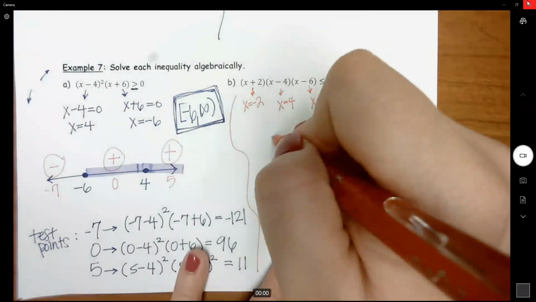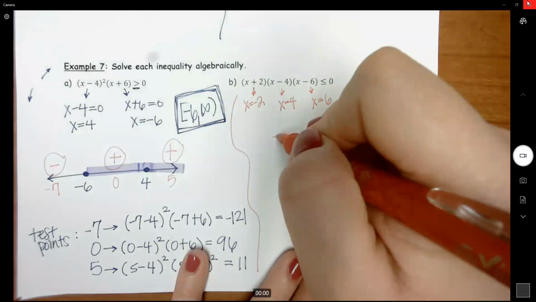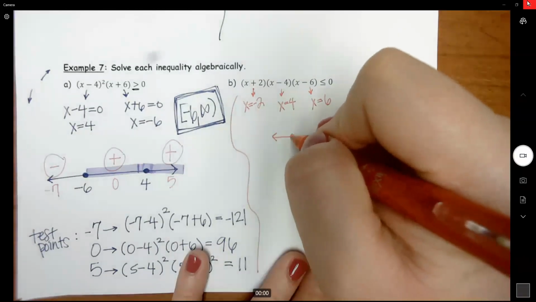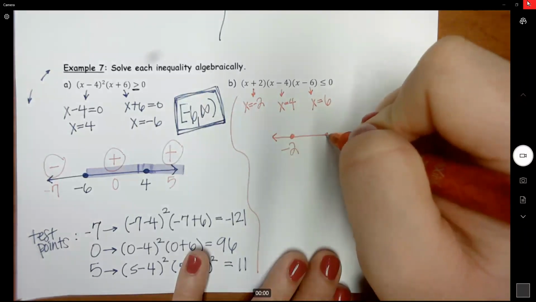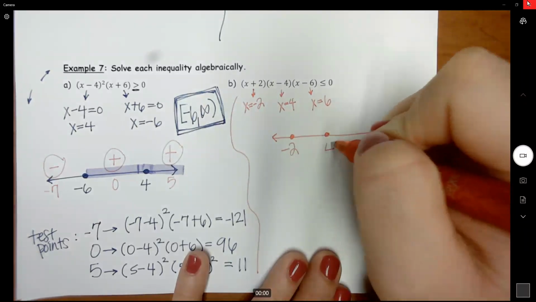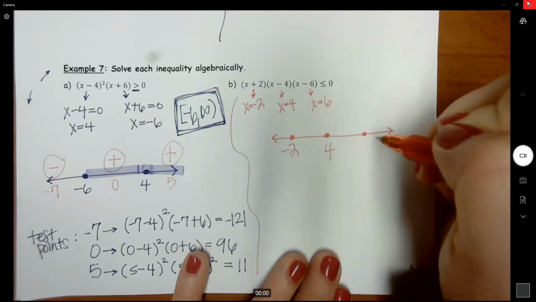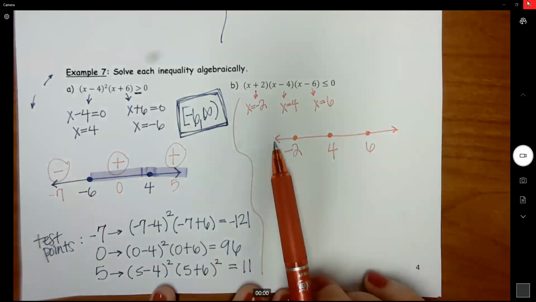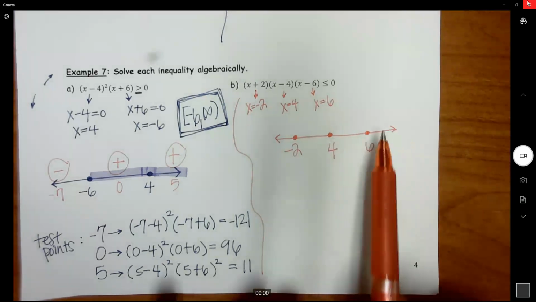So if I make my number line, we now have 3 zeros here. We've got -2, we've got 4, and we've got 6. So this time I have 1, 2, 3, 4 different sections.